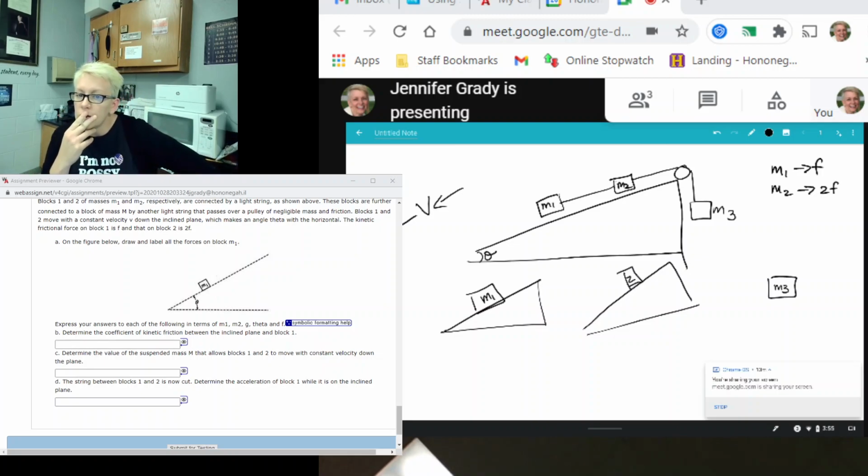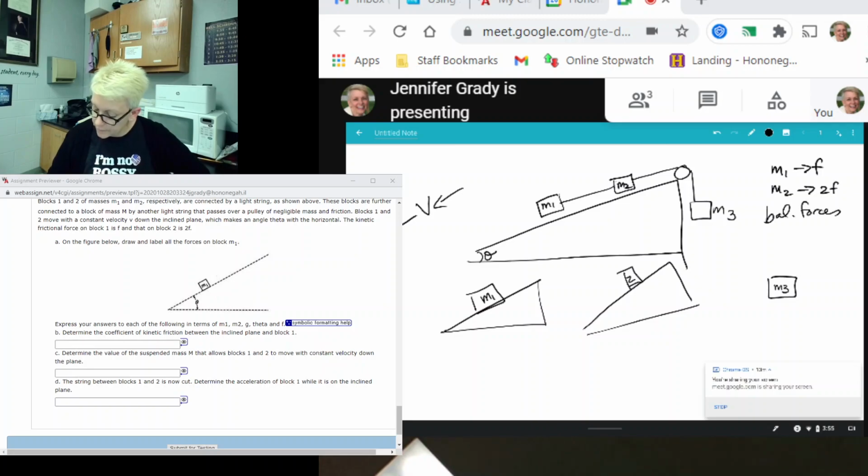Okay, and we're moving with constant velocity. If we're moving with constant velocity, the good news is we have balanced forces. That's good to know. Always start with the hanging mass. It's the simplest one. Okay, so M3g, tension. All right, now again, we're ignoring the pulley, so all the tensions are going to match. That's kind of nice. All right, we know that these are balanced forces, so those two are equal.